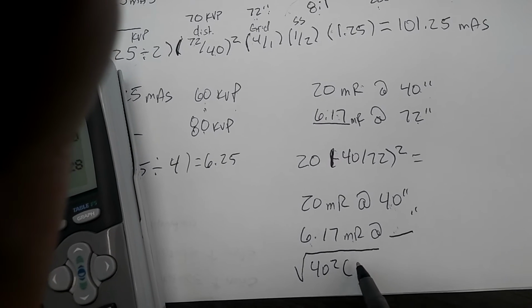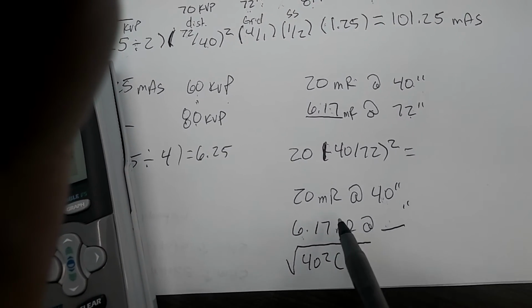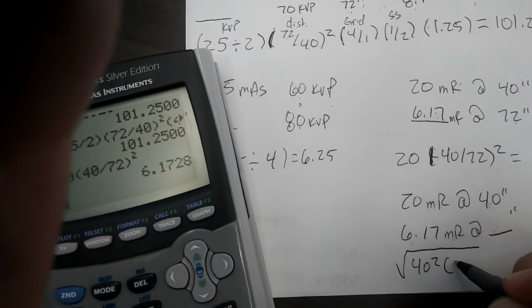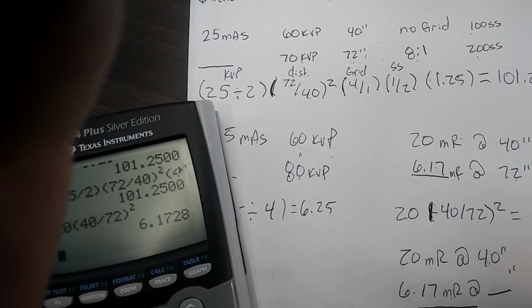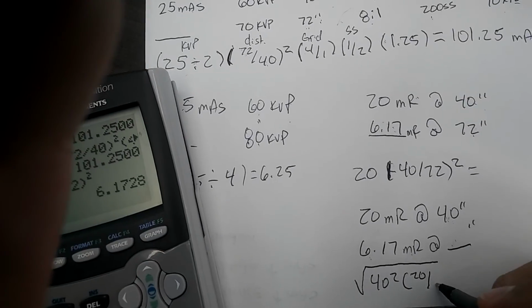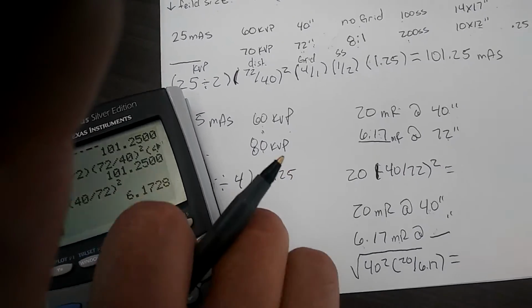So the way to do that is to put the bigger number on top, so times 20 divided by 6.17 equals what?